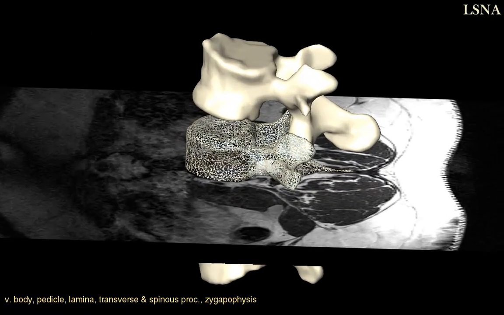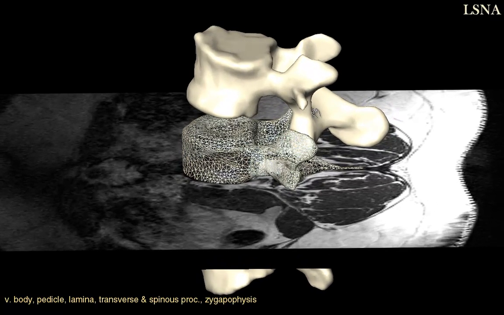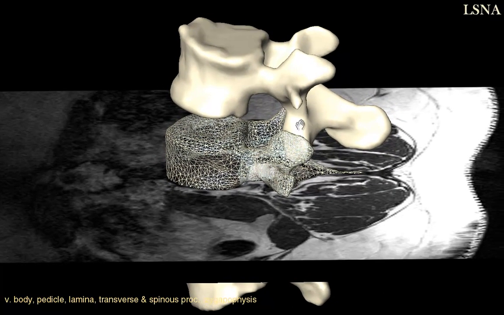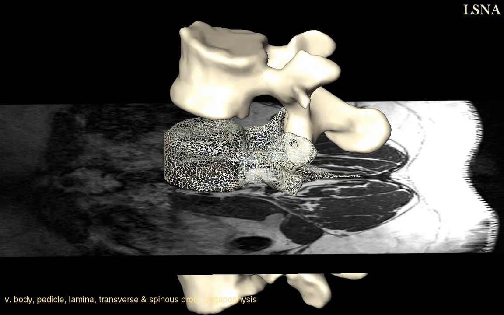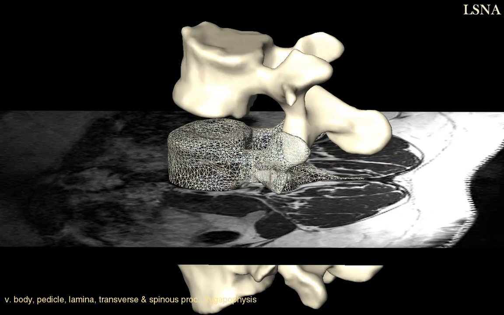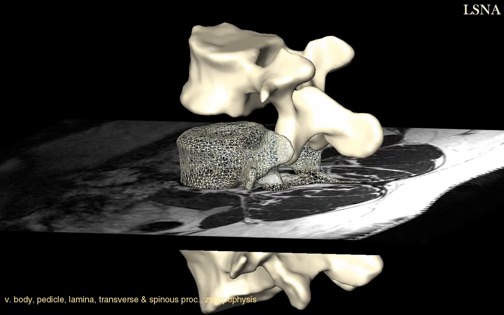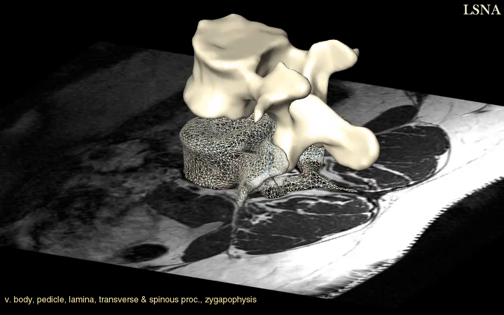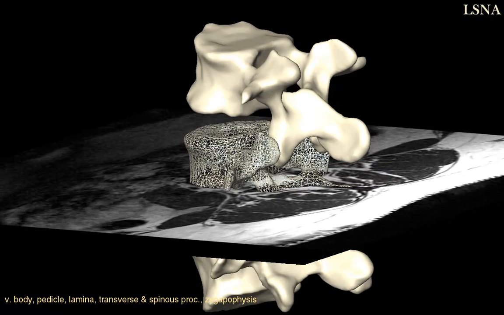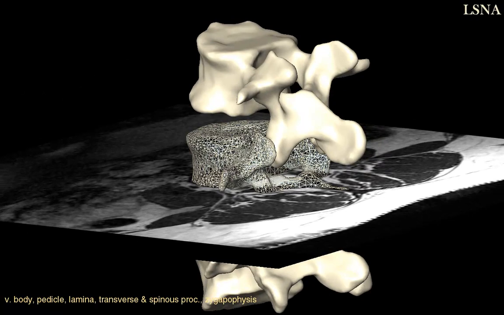As we can see in this model, generated from a magnetic resonance, a typical lumbar vertebra consists of an anterior body and posterior elements forming the vertebral arc, including the vertebral lamina that give rise to the transverse and to the spinous processes.